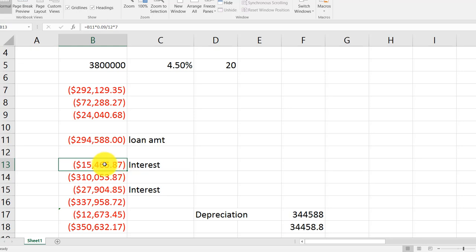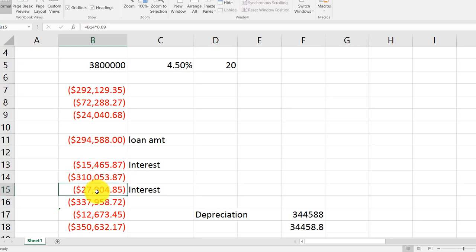The seller, the one that sold the equipment, is going to have interest receivable or note receivable debited $15,466 and credit interest revenue. So now that loan on both sides is up to $310,000. That's how much is totally owed after 6 months.